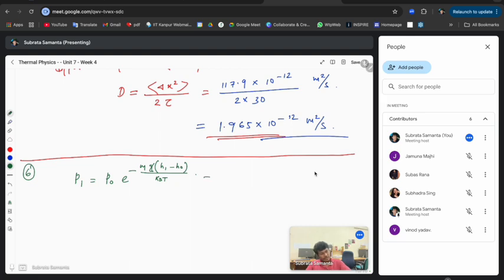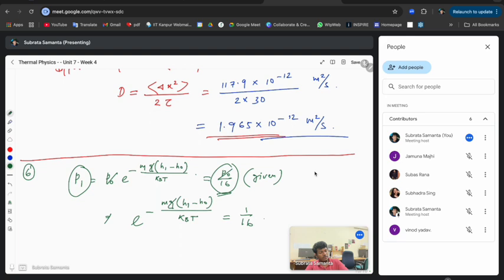And that is given as P naught over 16. So we cancel this P naught, and basically the value of this exponential, e to the power minus mg (h1 minus h0) over kBT, equals 1 over 16.